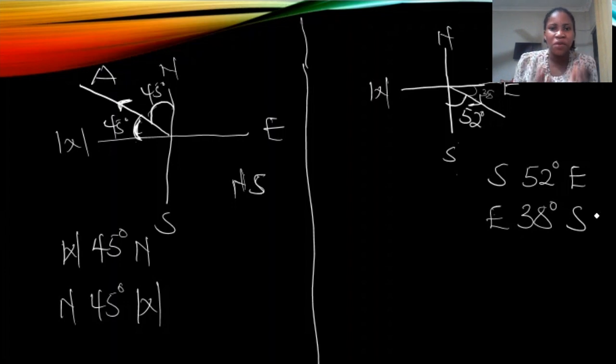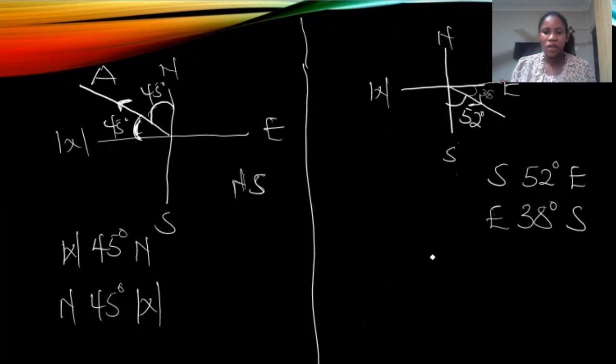So you have to be very, very direction specific. You have to know where the vector is moving from and where it's going to when showing or representing vectors on a cardinal point or looking at it from the cardinal point of view.